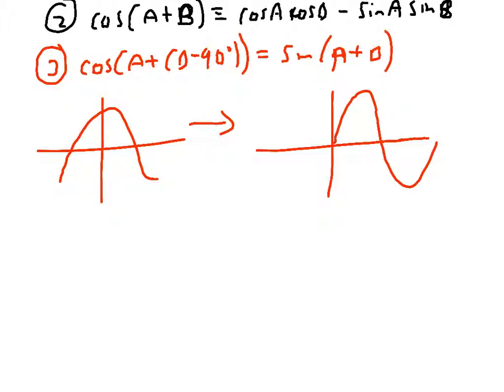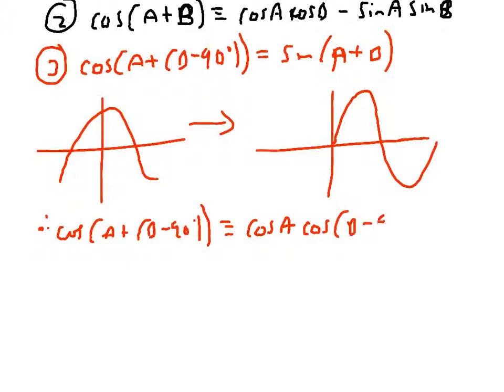So therefore, I can use my result, but instead of having B, I have B minus 90 in my formula here. So let's do that. So I get cos A plus B minus 90 degrees is the same as cos A as normal, cos B minus 90 this time, minus sine A as normal, sine B minus 90 this time.